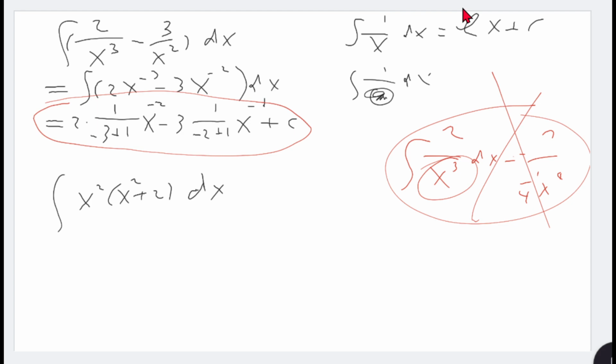All right, finally, let's see this integral. So here I have x squared times x squared plus 2. What I want to remind you is you cannot integrate right away here. You cannot integrate x squared and x squared plus 2 separately. Cannot do that because there is no such thing like a product rule.